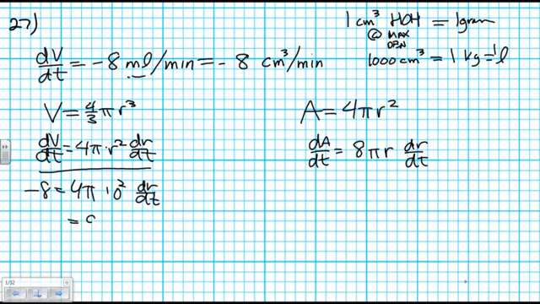So it looks like dr/dt is going to be negative 8 over 400 pi, which is negative, 8 goes into 400 what, 50 times? Negative 1 over 50 pi. Would you please check my math there? We're good? That was supposed to be a 5, yeah.